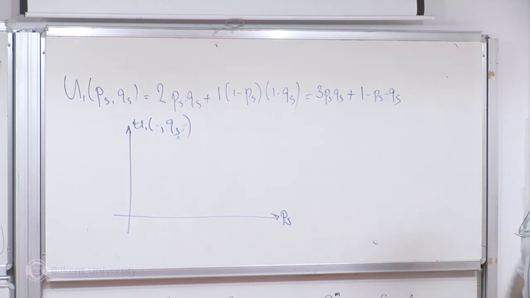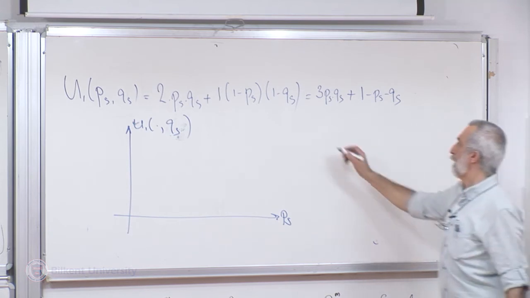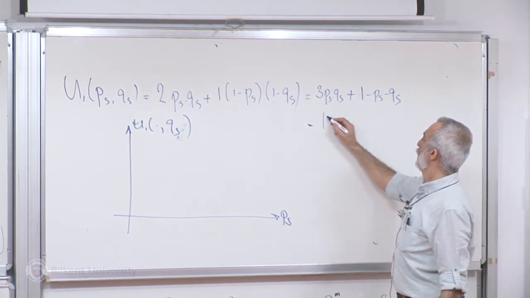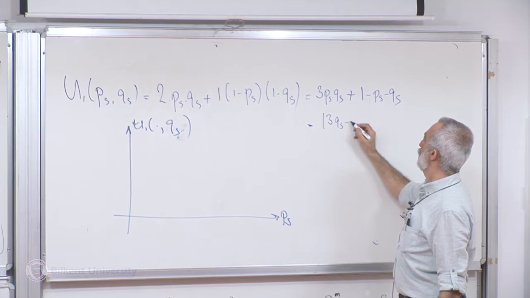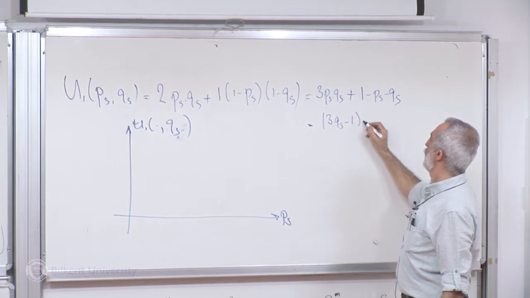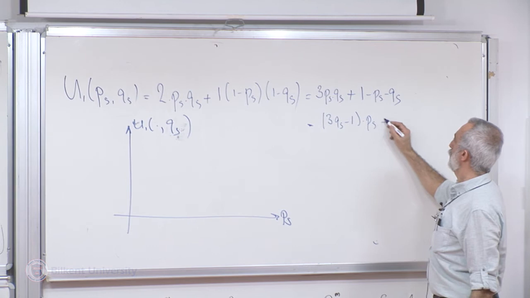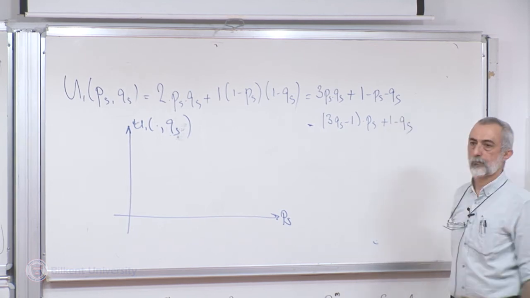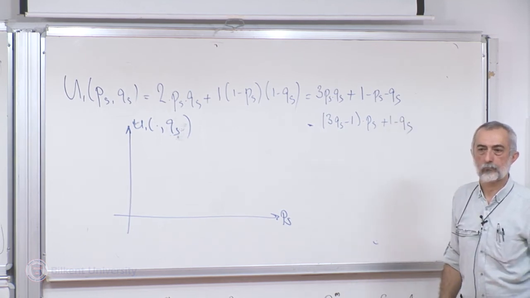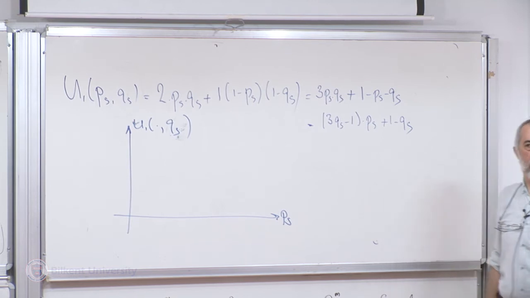Okay, so what kind of an animal is this? Or actually, let me write this as 3QS minus 1 times PS plus 1 minus QS. So, what's the maximizer?